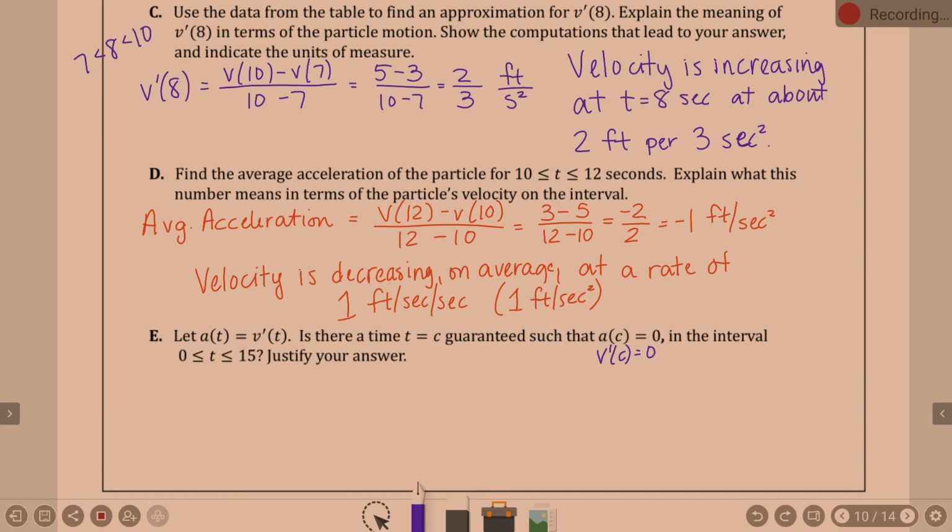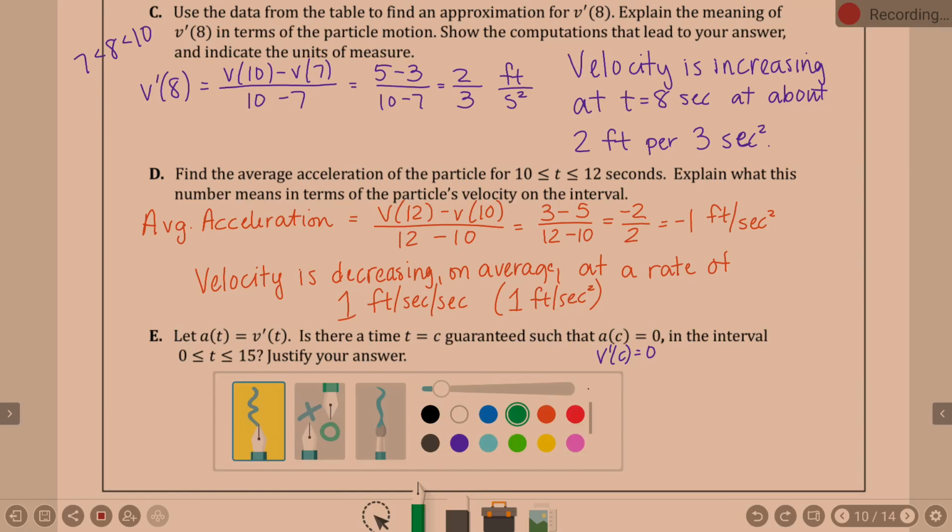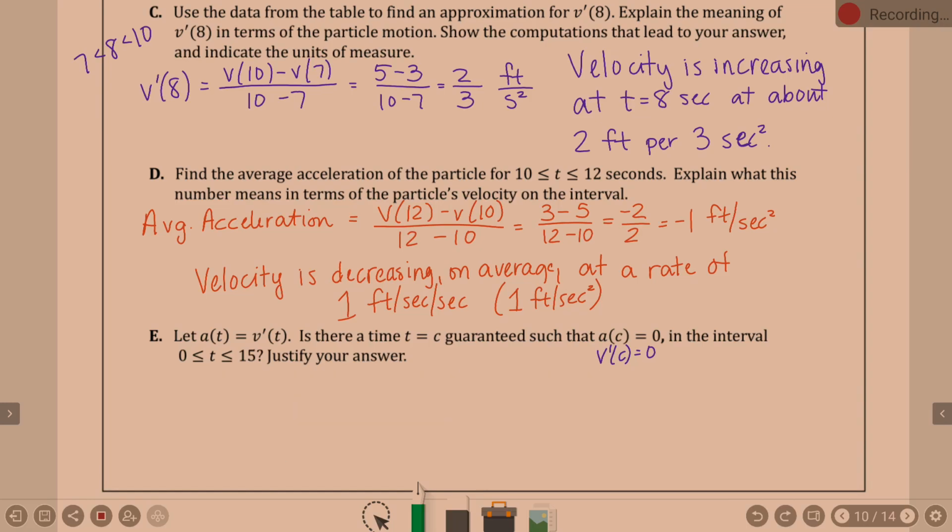Okay. Go back to the original stem. Velocity is twice differentiable. Velocity is twice differentiable means that this is a continuous function, right? So because it's continuous, look at what happened here. Okay. Up here on 7 to 10, we had a positive acceleration. And then from 10 to 12, we had a negative acceleration.